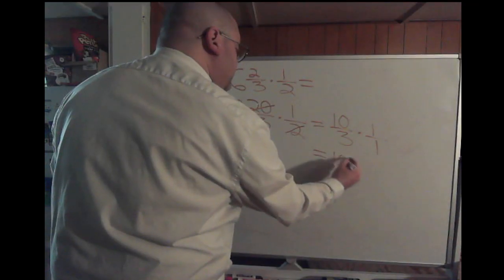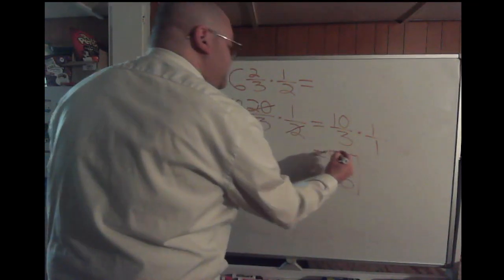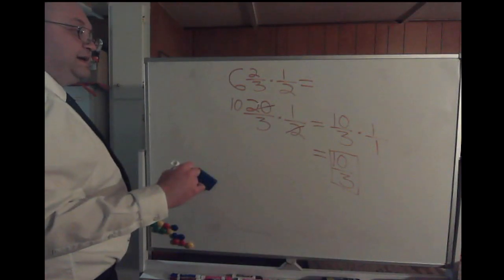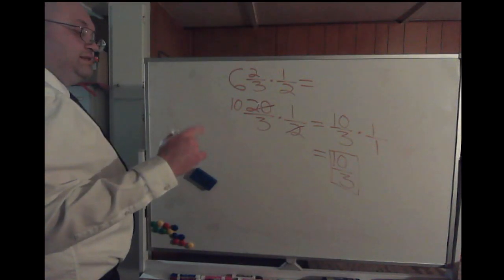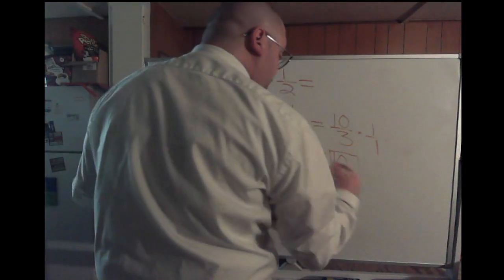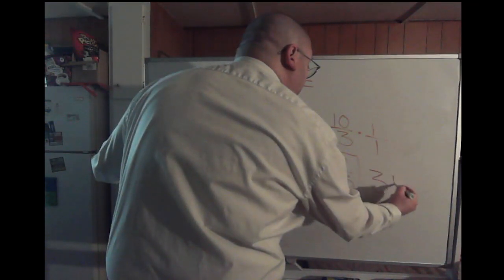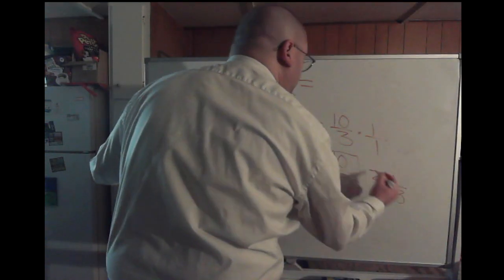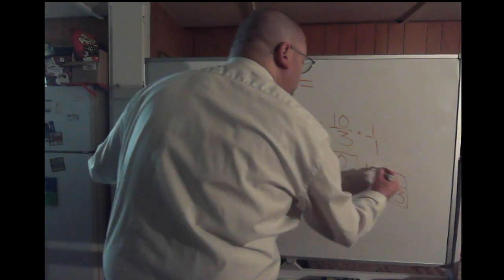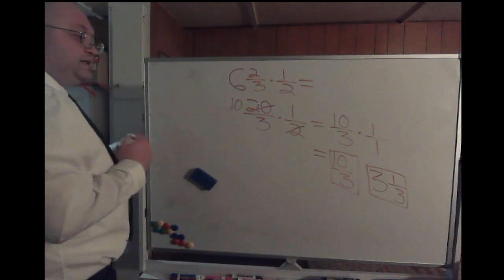The answer you would get is 10/3. That's one acceptable answer, if your teacher is okay with leaving it as an improper fraction. If they want the mixed number form, 10/3, well, that would simply be 3 1/3. So it would either be 10/3 or 3 1/3. Either of those would be acceptable.